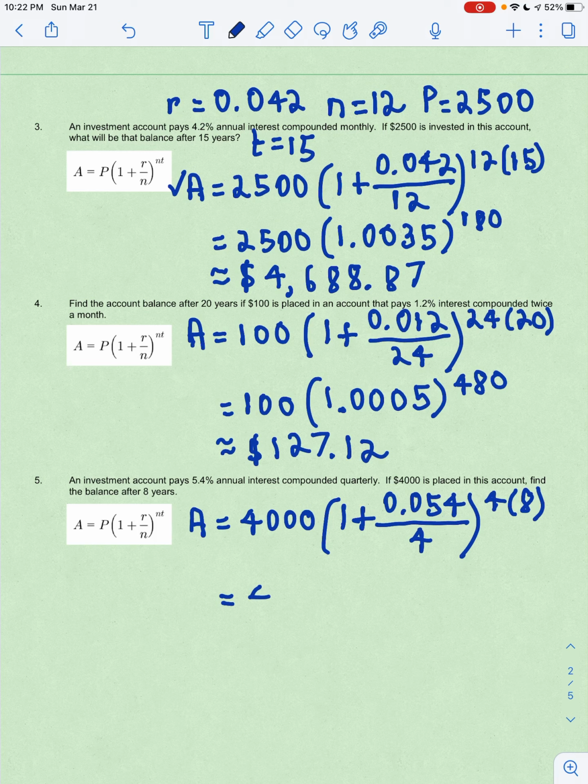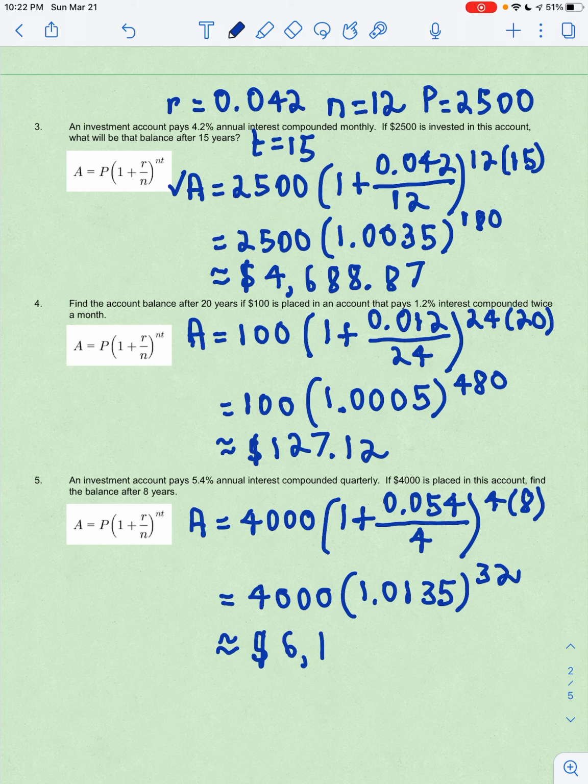And here that's going to be 4,000 times the quantity 1.0135 raised to the 32. And again, I didn't have to round, but if I did, I might let my calculator handle the entire computation. Here I get $6,143.56.